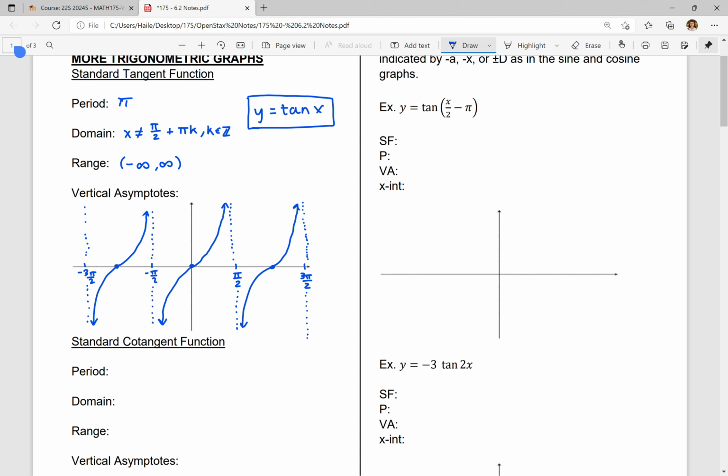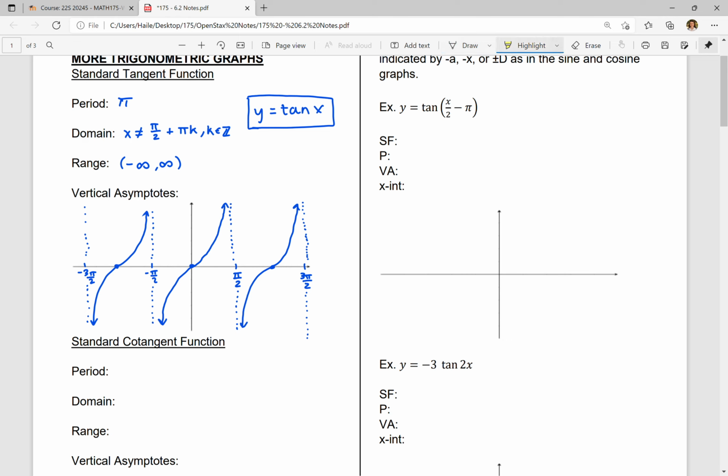So let's think about what this means. We're starting at pi over 2, so you can imagine this is like this first asymptote here, and then we're going to add multiples of pi to it to achieve all the other asymptotes. If we look at the distance between these two asymptotes, it has a distance of pi. So our formula makes sense.